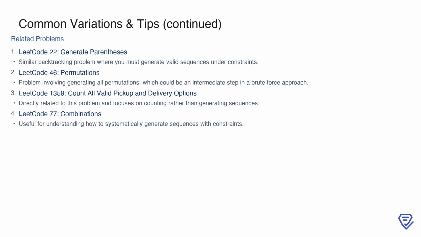Of course, LeetCode 1359 is directly related, as it focuses on counting valid pickup and delivery sequences rather than generating them. Finally, LeetCode 77, combinations, is useful for understanding how to systematically generate sequences while respecting specific constraints. Practicing these problems can help you develop the intuition and techniques needed to tackle similar combinatorial challenges more effectively.